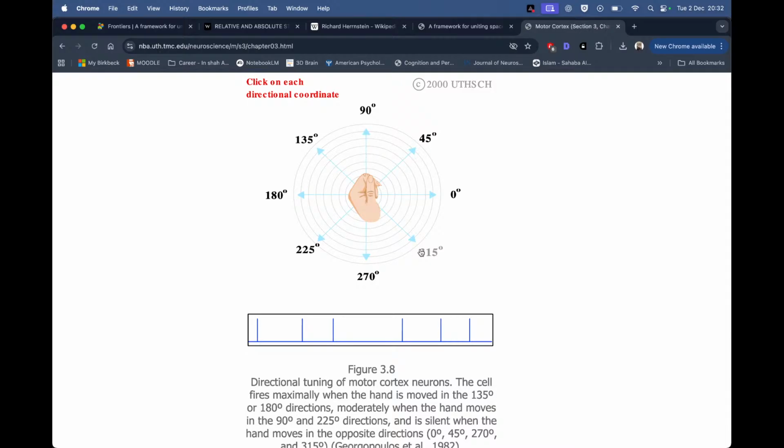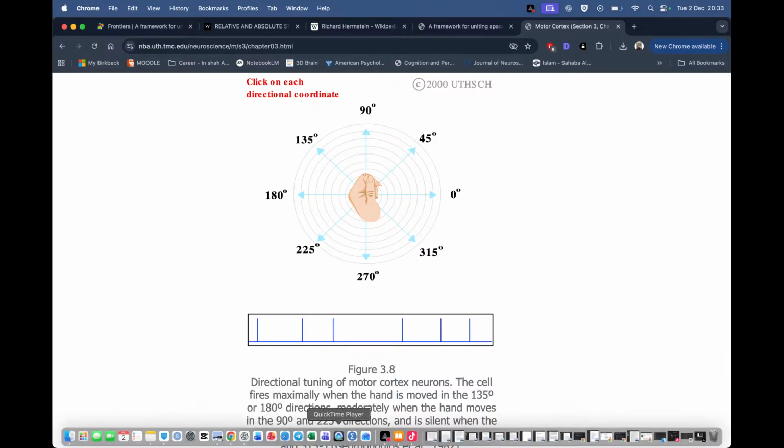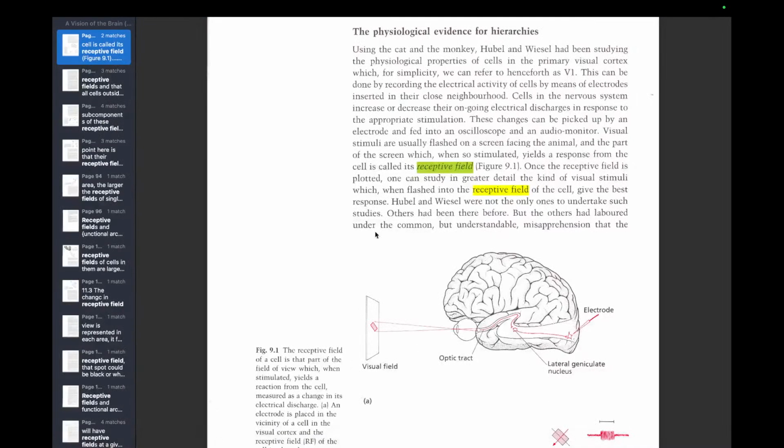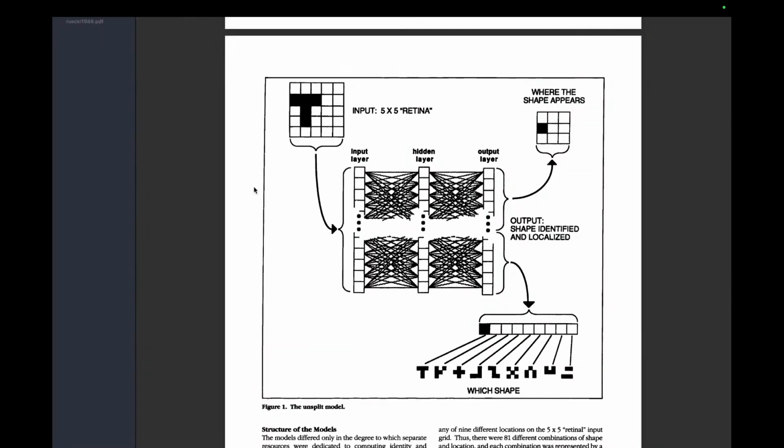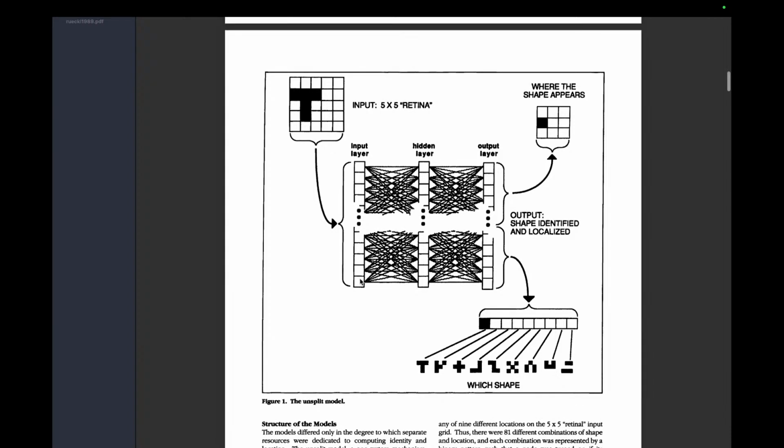Okay, so this is done. With observing all of this, we can see the nature of neuronal firing. So going back to this particular paper, the idea here is that essentially the weights are adjusted on the connections that come from this input layer, which is seemingly the retina, going into a hidden layer.